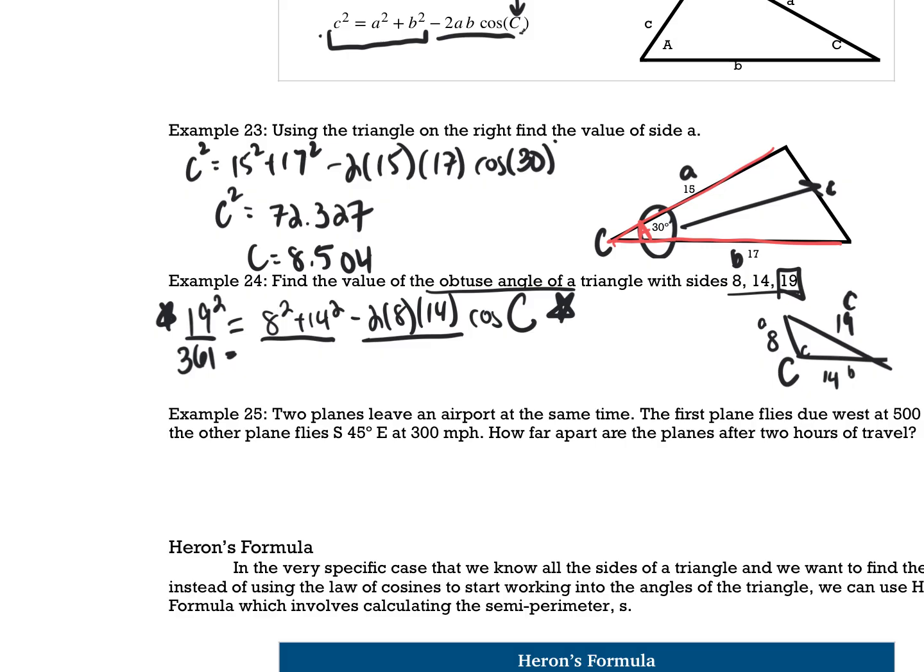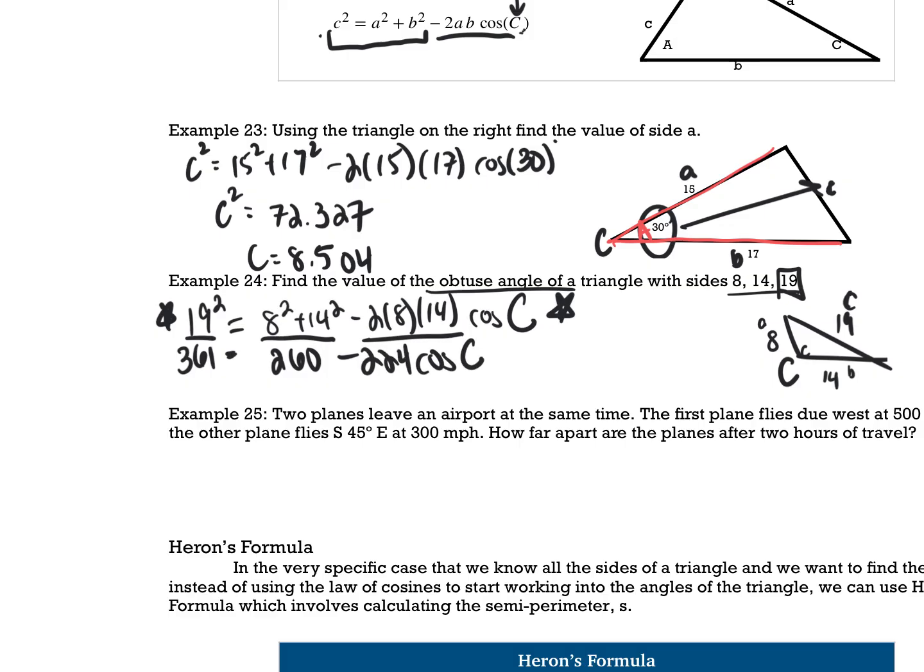In my calculator, I'm doing 19 squared. That's where I get the 361. Then I am putting 8 squared plus 14 squared in my calculator. That's my second component, 260. Now I'm doing 2 times 8 times 14 in my calculator, minus 224 cosine of C.